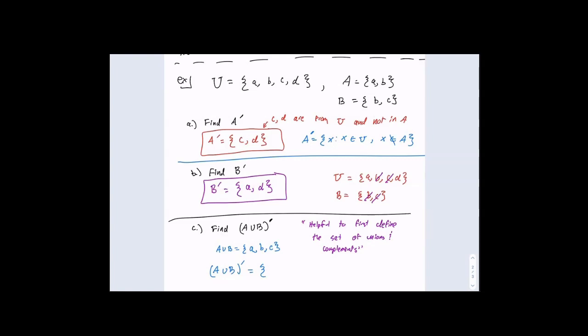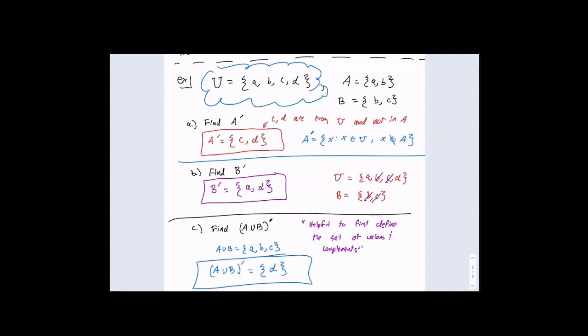They cannot be in my answer because we're saying everything that is not in that set. It is just D, because D is the only thing left over from the universal set. Remember, the key here is we always have to look back to the universal set.